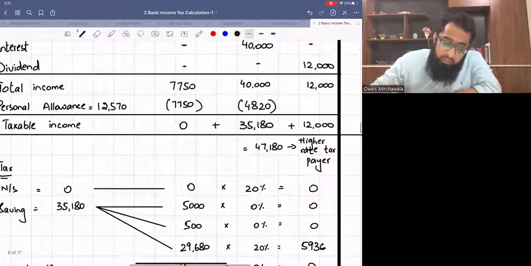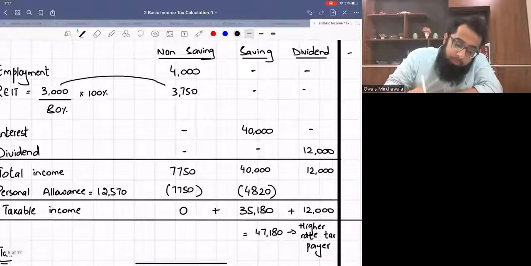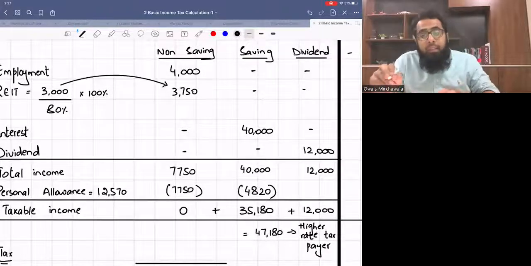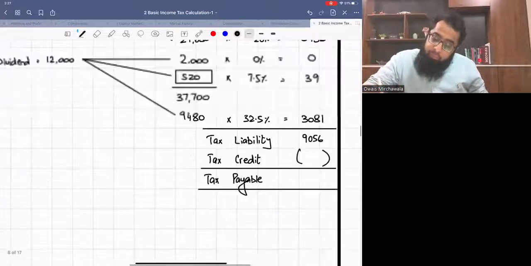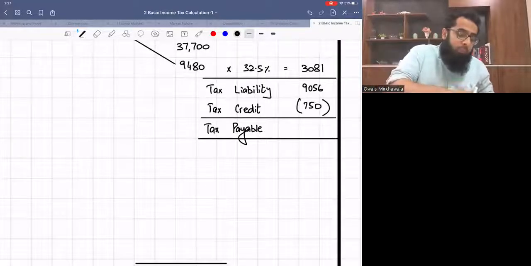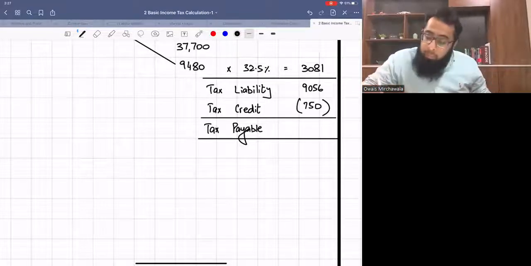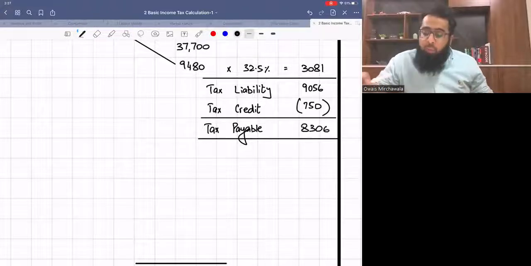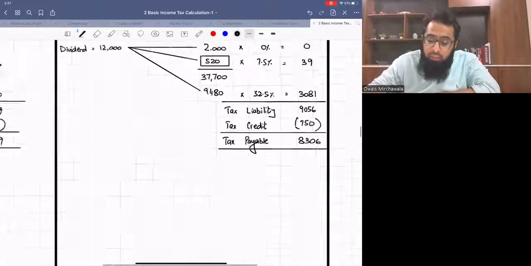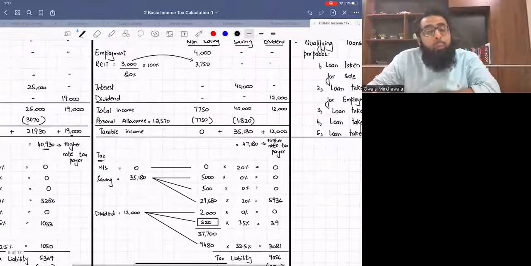What was the advance tax on the REIT? 750. So the payable will be 8,306. If you look at this question, again, it was a routine one.